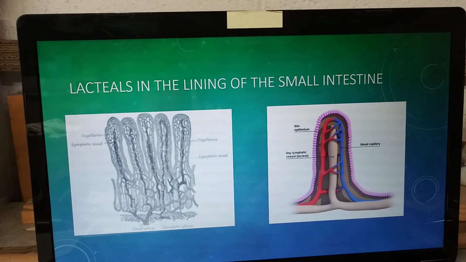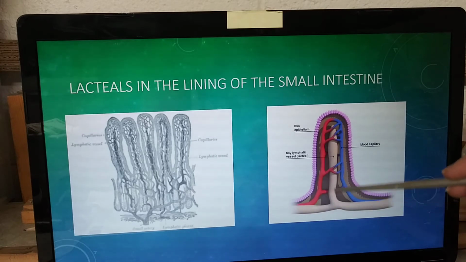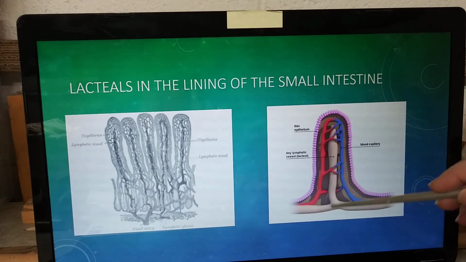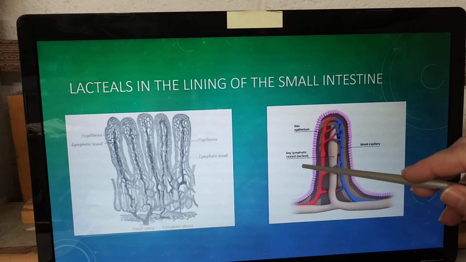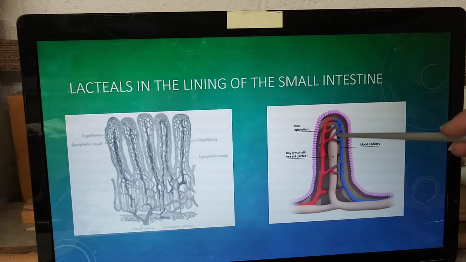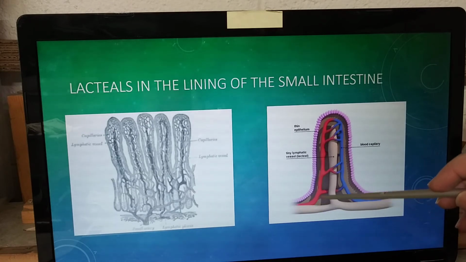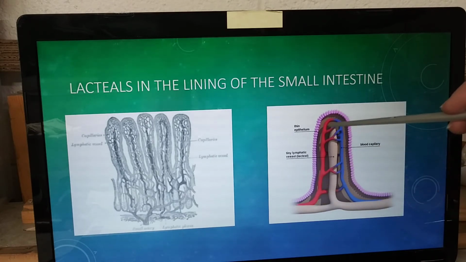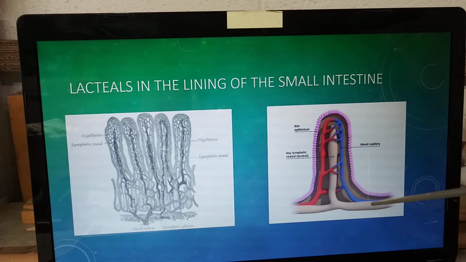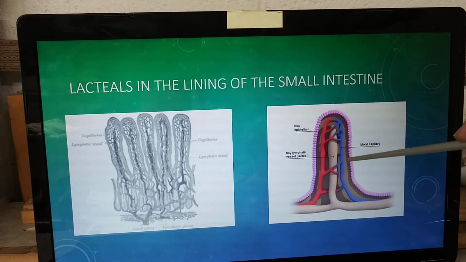Here's a drawing of a lacteal. This white vessel here is the lacteal itself, and it's tiny. So this would be a lymph capillary. Around it are the arterial capillaries, so that's the oxygenated blood. And you can see how they switch over to blue here, which is the venous capillary.